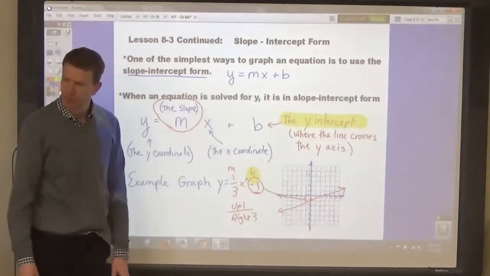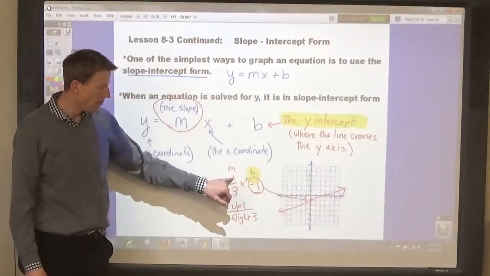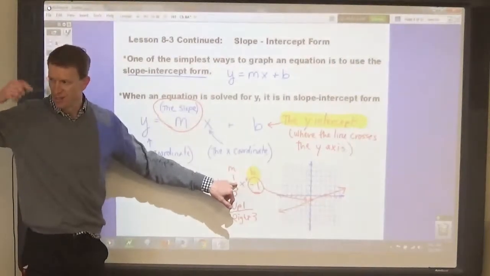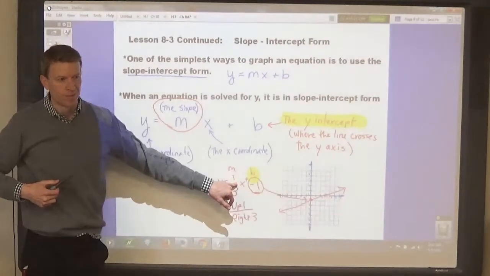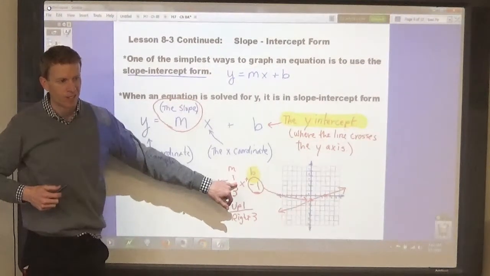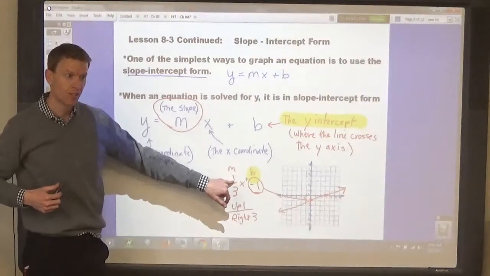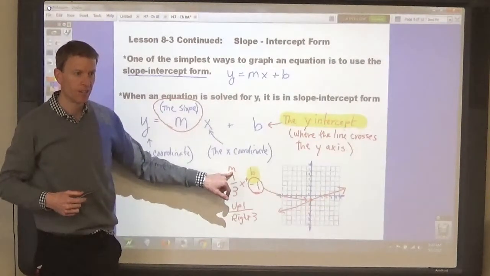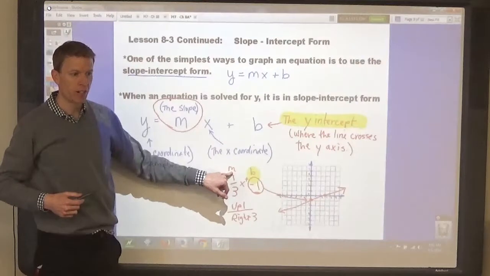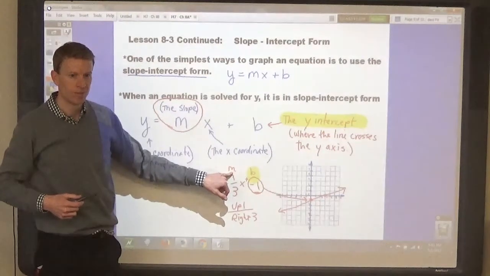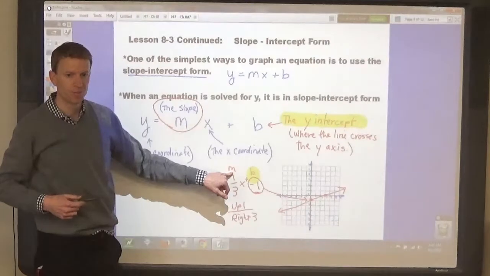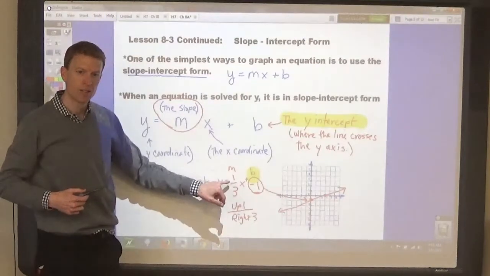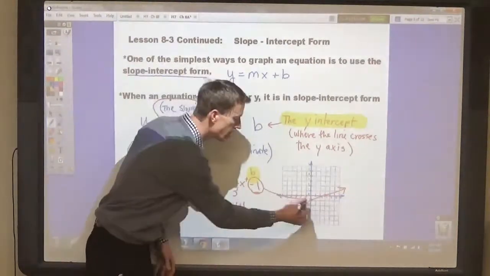First use the numerator as the what? Tyler? The vertical change. So this one goes up 1. And then where does it go? Lindsay? It goes up 1 and then to the right 3. And that gets us to the next point.